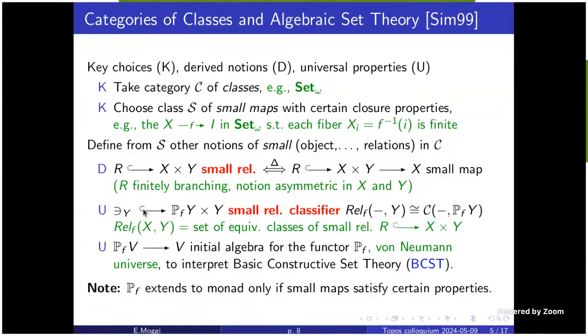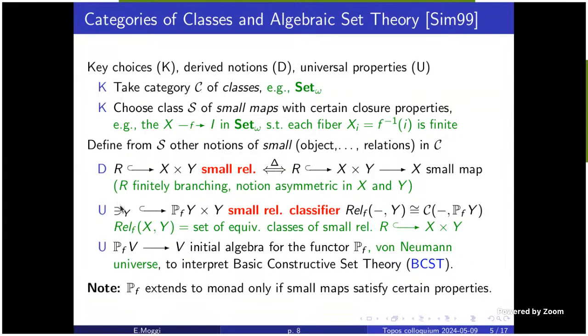A small relation classifier is a small relation, here, this is membership in the other direction, such that this functor that goes from our category C of classes to sets is representable by this object here.